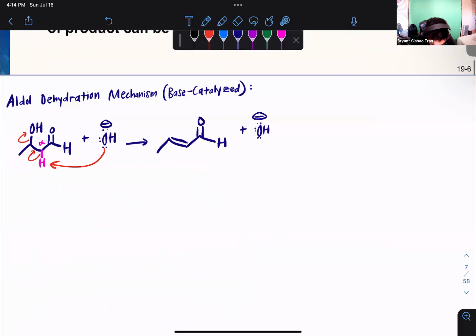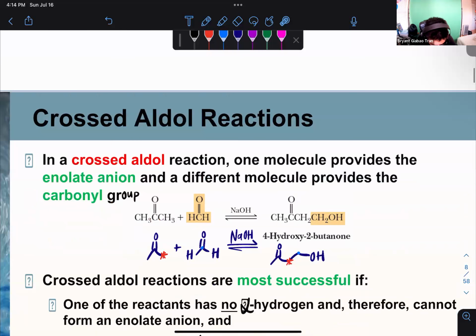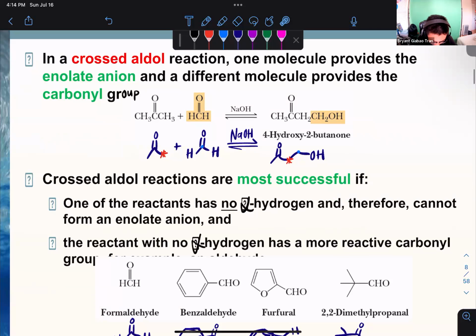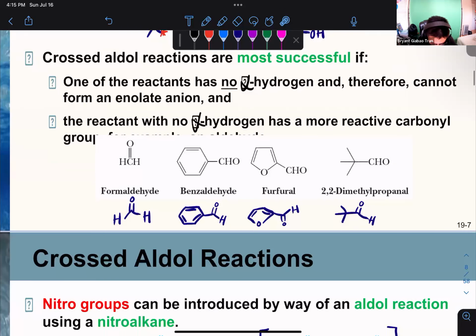Okay, Aldol. Crossed Aldol, that's when you have two different carbonyls. And these are carbonyls that do not have any alpha hydrogens. So these carbonyls here cannot be the nucleophile. They can only be the electrophile.